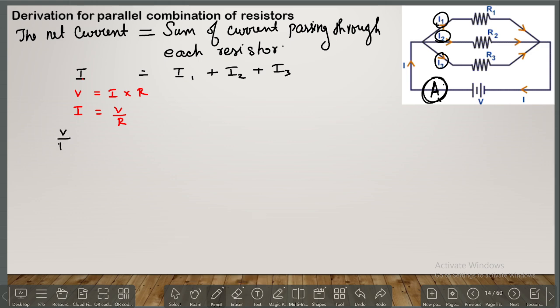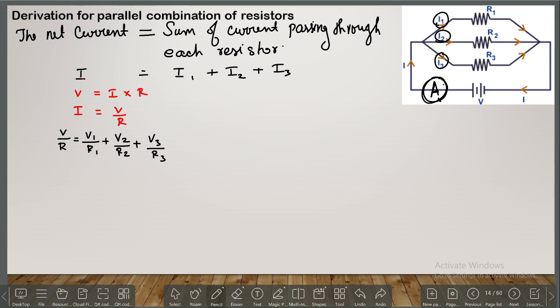V by R is equal to V1 by R1 plus V2 by R2 plus V3 by R3. So in place of I1, I2 and I3 we substitute V1 by R1 plus V2 by R2 plus V3 by R3.